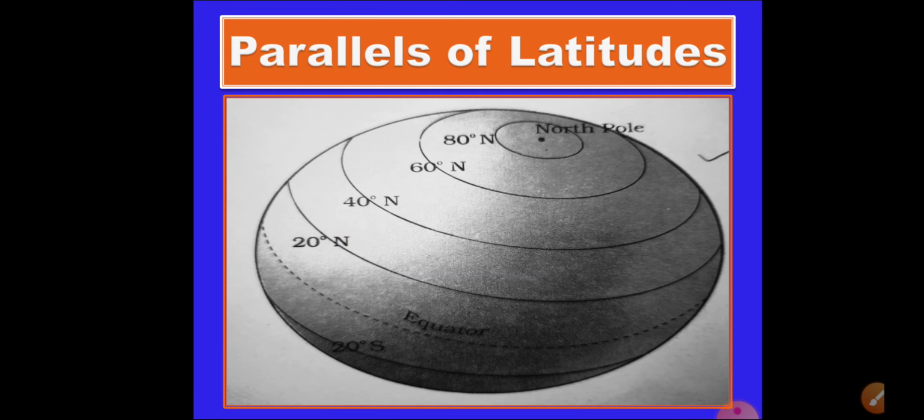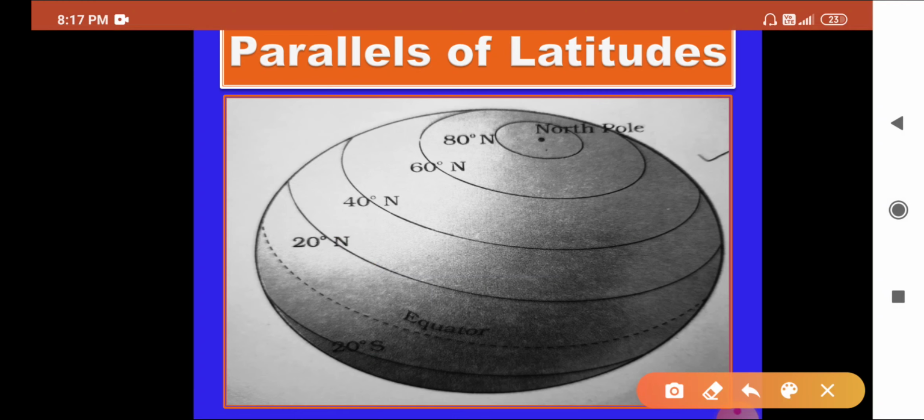When you see, you can see here that along with this 20°N, 20° north, this N is indicating north, whereas this dotted line is 0°. There is no north, no south, because it is in the center of the earth.